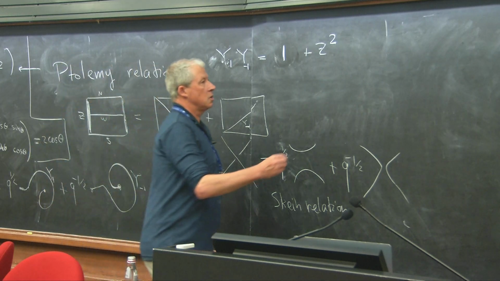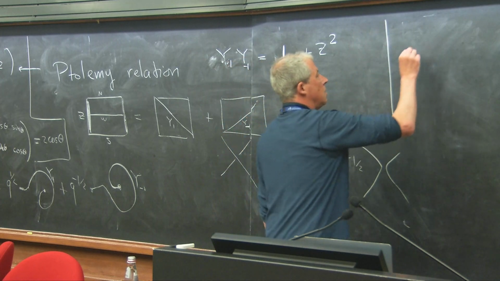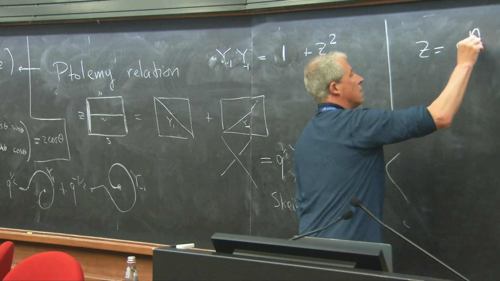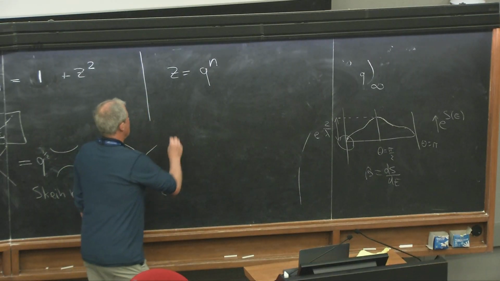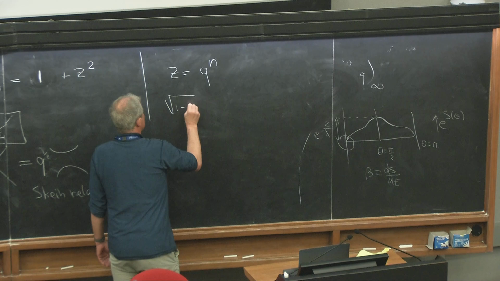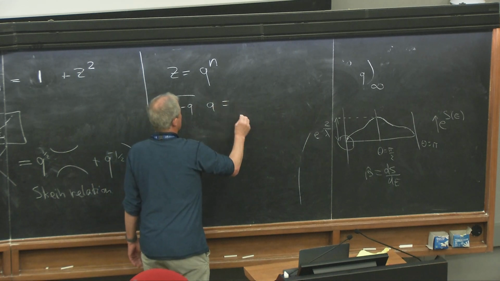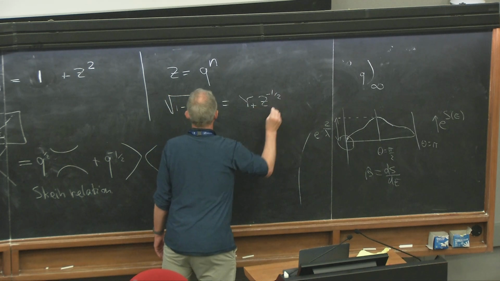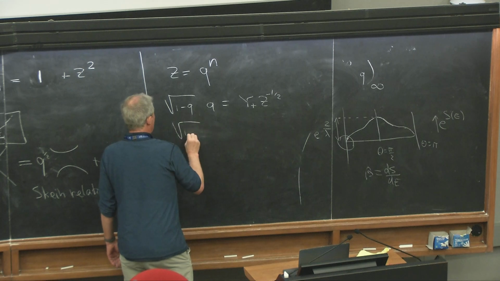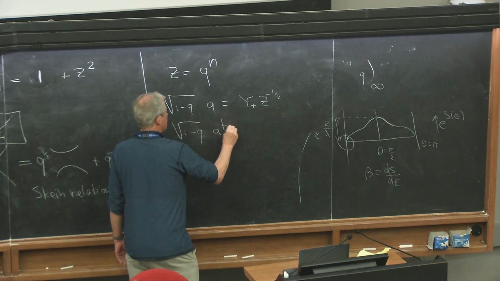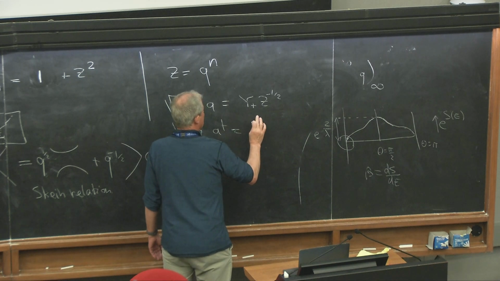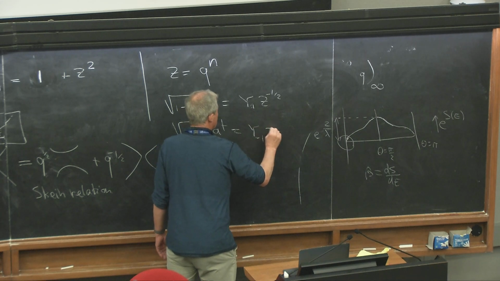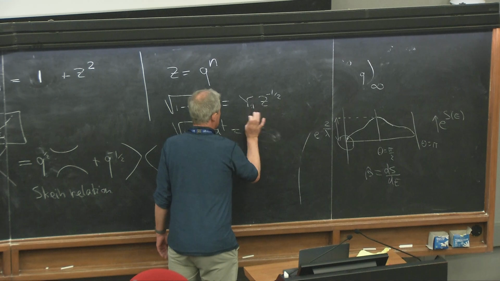And now comes the dictionary. I claim that Z is going to be Q to the power n. 1 minus Q times A, y plus 1 times Z to the power minus a half. 1 minus Q times A dagger. Y minus 1. Z, maybe the Z in front of it.